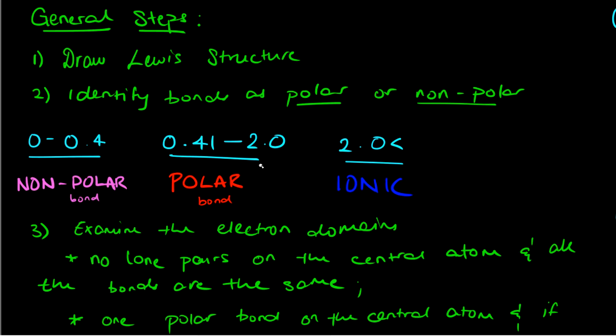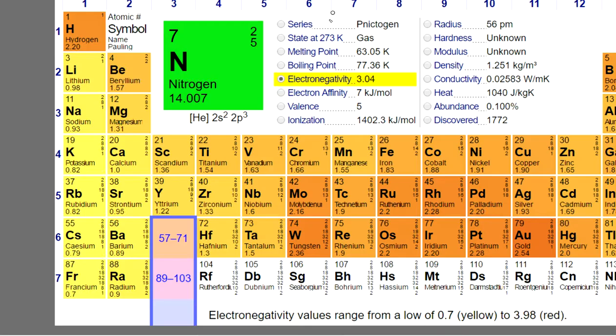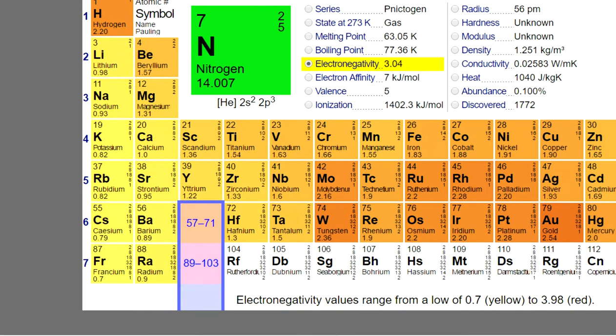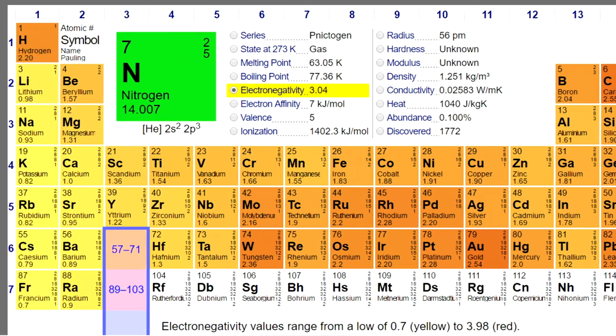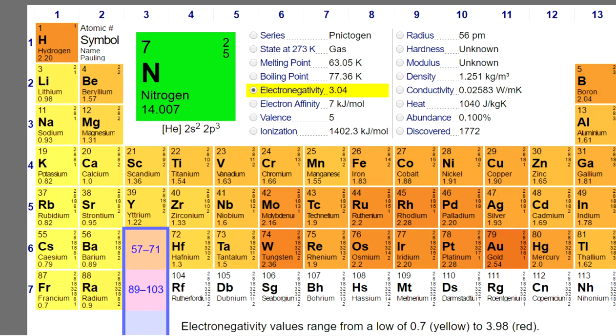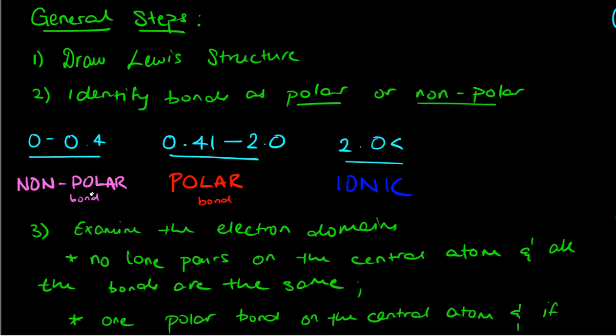We will get the electronegativity table, with all the electronegativities. This is what I found online. We'll be given this, so you will use it to identify if a bond is polar or nonpolar. If the electronegativity difference is between 0 and 0.4, it's a nonpolar bond.